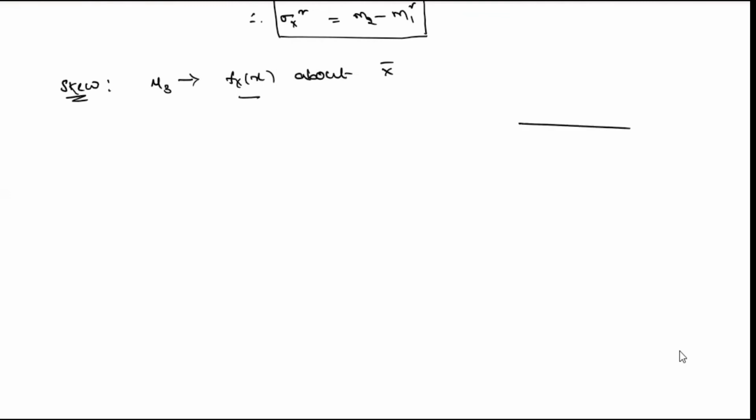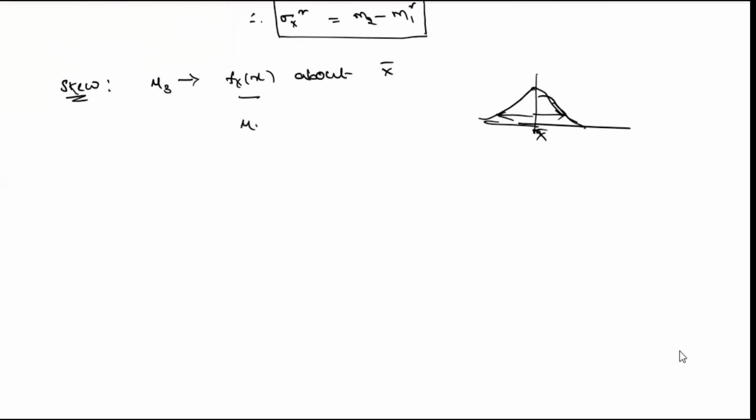That is, if the function is symmetrically distributed, with the same amount on the left side and on the right side about the mean, taking x bar as reference, then the skew value is 0.